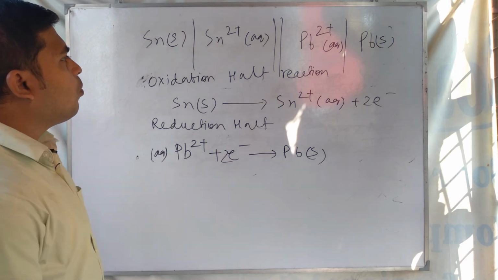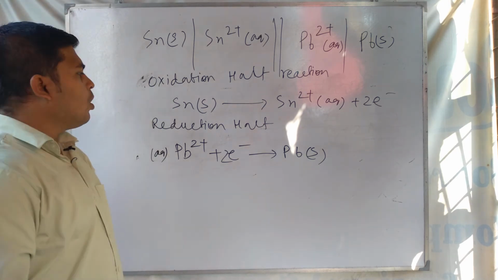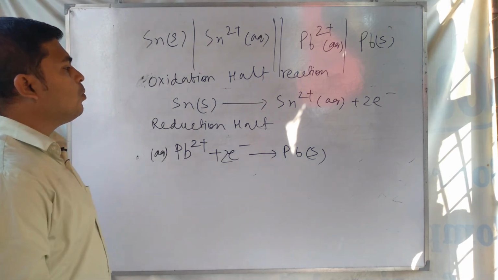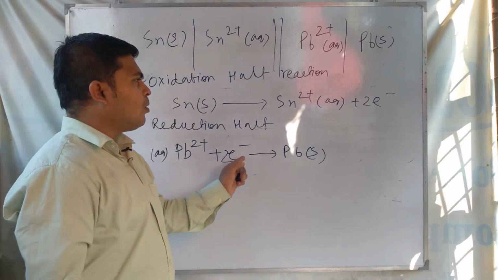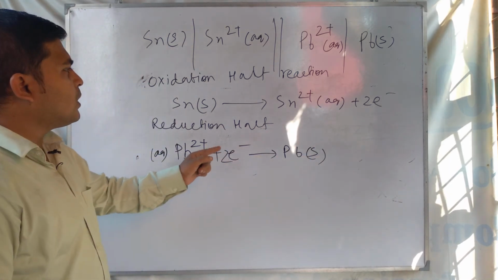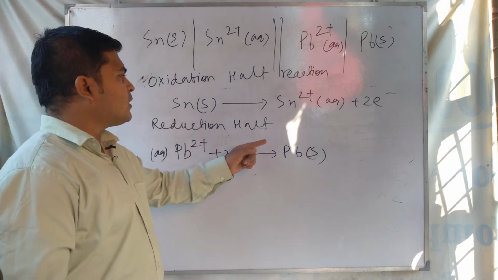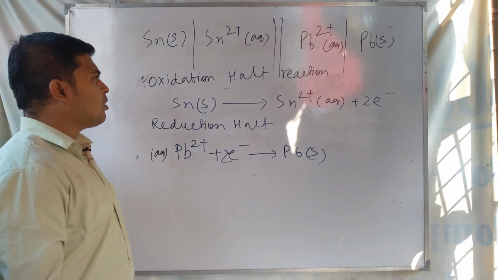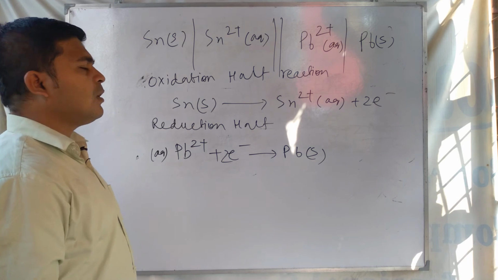And to find the overall cell reaction of this galvanic cell, what do we have to do? We have to first make the number of electrons equal, and after that we sum these two half cell reactions, the oxidation half cell and the reduction half cell reaction.